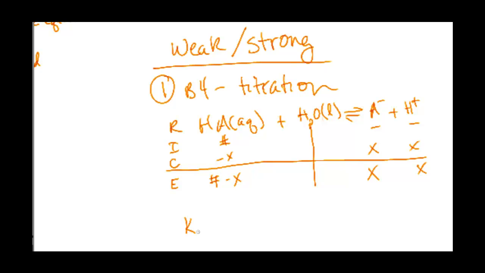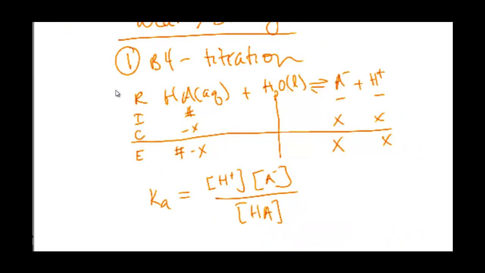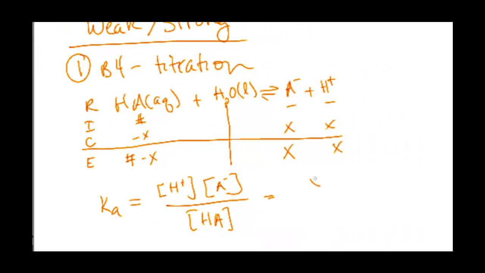And then Ka, the acid dissociation constant, if you remember from watching that video, is this. So that becomes X squared over the number minus X, set equal to a known Ka value usually.